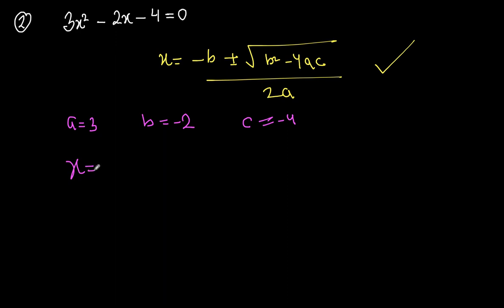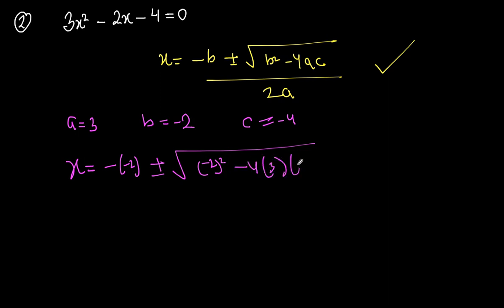x equals minus b, which is minus 2, plus or minus the square root of b square, which is minus 2 whole square, minus 4 times a, which is 3, times c, which is minus 4, then divided by 2 times a, which is 3.